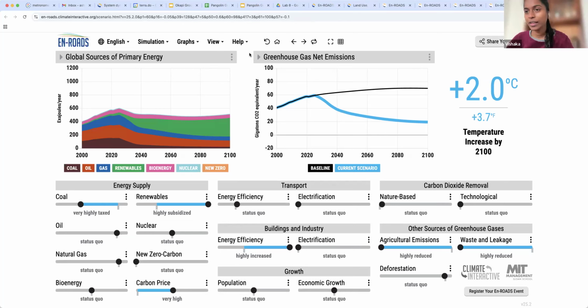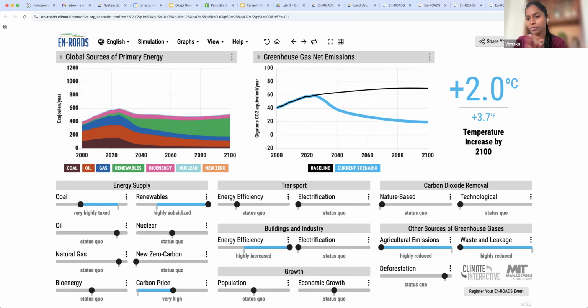Yeah, I think I can start, and then maybe Dan or Kaushik can add on to it. So we all agreed that for energy supply, the levers that would make the most difference would be taxing coal, subsidizing renewables, and increasing carbon price.